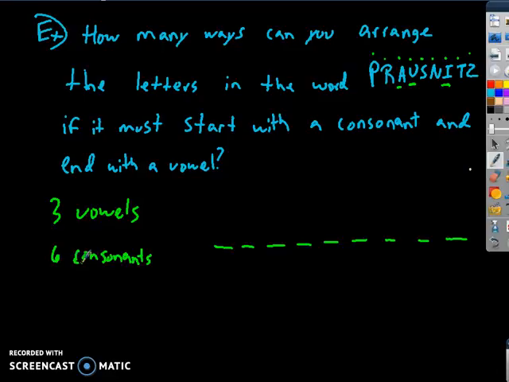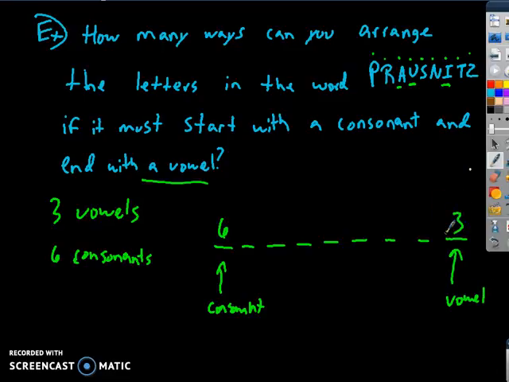All right, so if that's the case, it says the first one must be a consonant. So I have 6 options there. The last one ends with a vowel, so the last one must be a vowel. I have 3 options here.